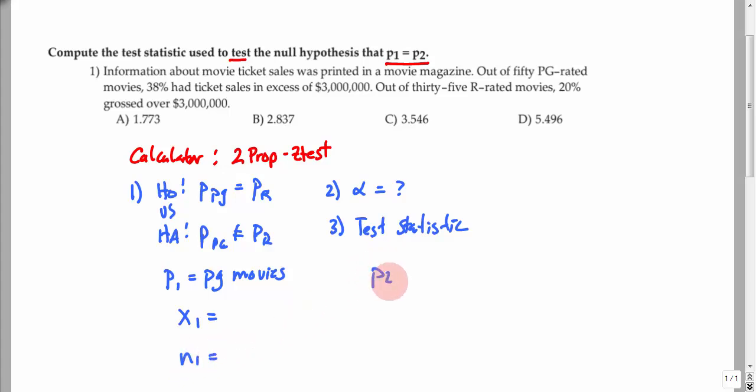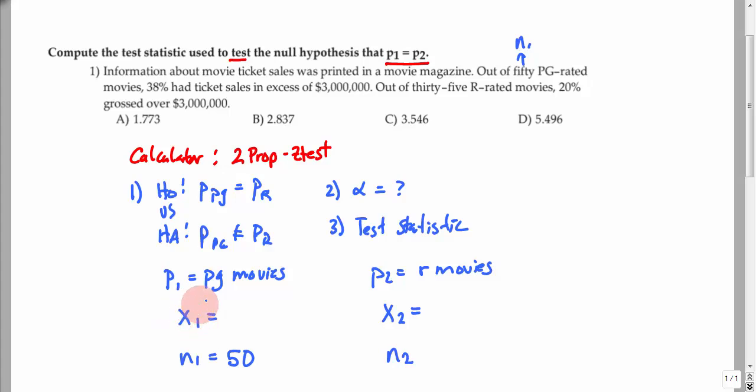And for P2, which are my R movies, I need to know x2 and n2. Out of 50 PG rated movies, so that's how many PG rated movies I looked at, it says 38% have ticket sales. Well, 38% does not go here. 38% is not my count, but my percentage.